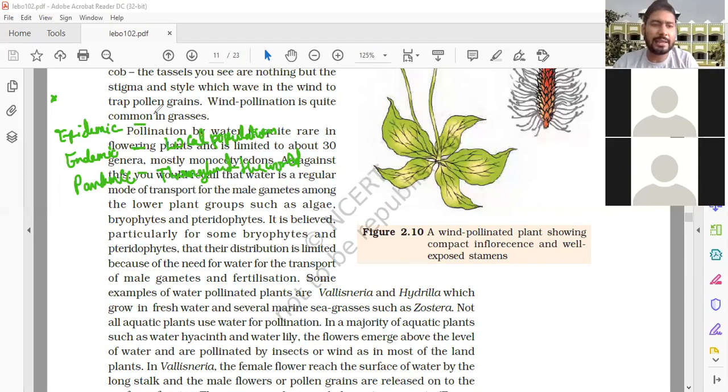Epidemic means, at the country level, if any disease, system, language, culture, or property appears on the state or country level, that is called epidemic. Epidemic is country level, endemic is local population, state level, and pandemic means throughout the world.